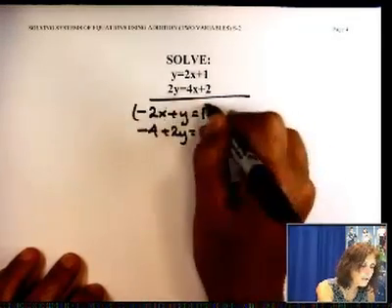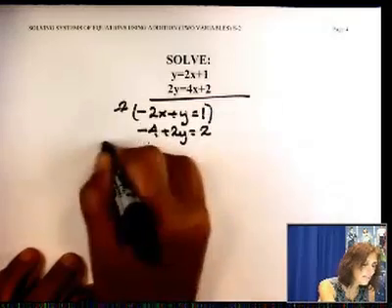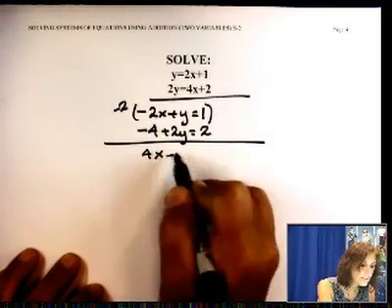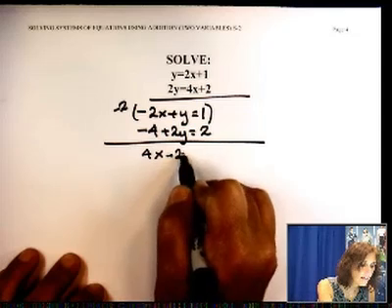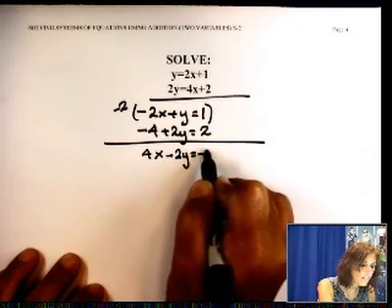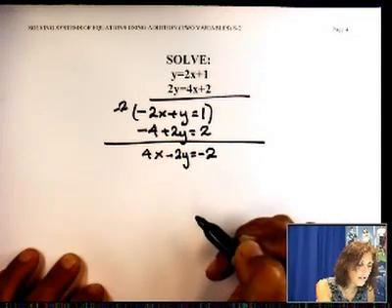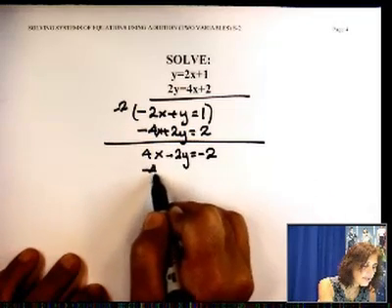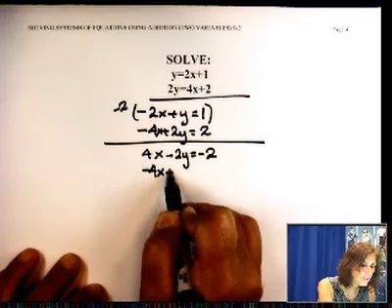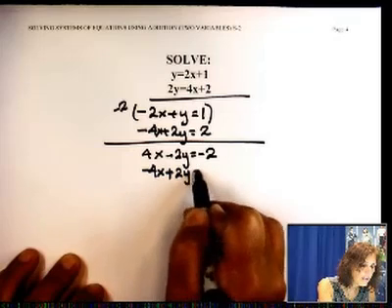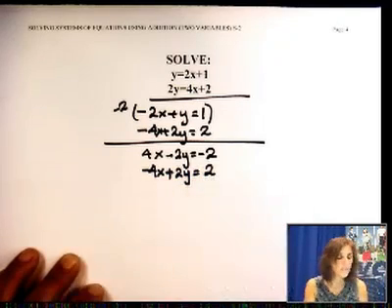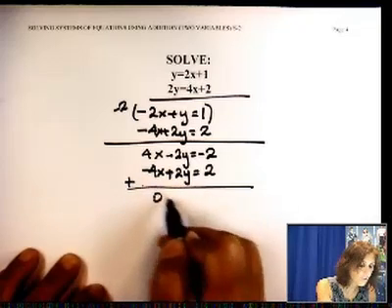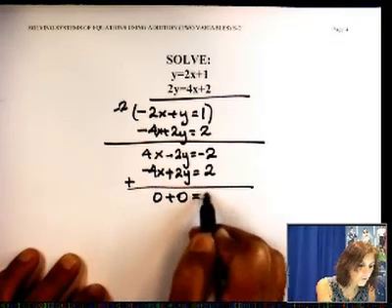So I'm going to multiply the top by negative 2 and rewrite. 4x minus 2y equals negative 2. All right. And you have negative 4x plus 2y equals 2.